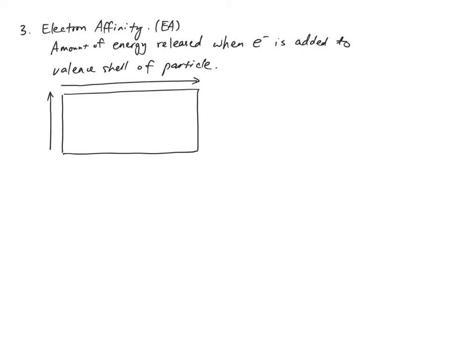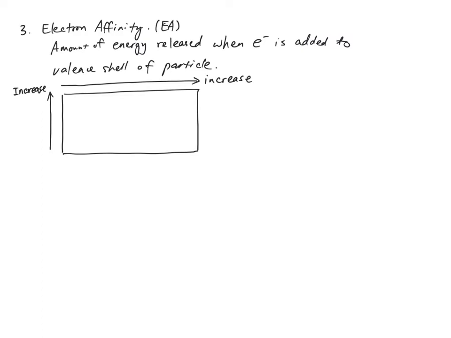And again, you would find that electron affinity actually has the exact same trend as ionization energy. From bottom to top, the electron affinity value increases, which means more energy released. And from left to right, electron affinity increases.